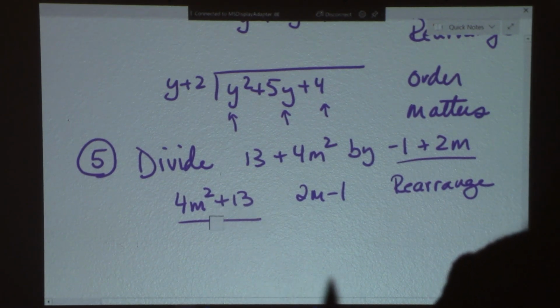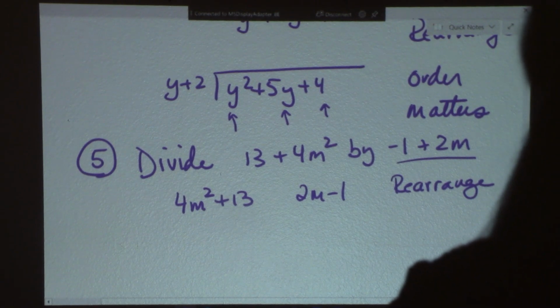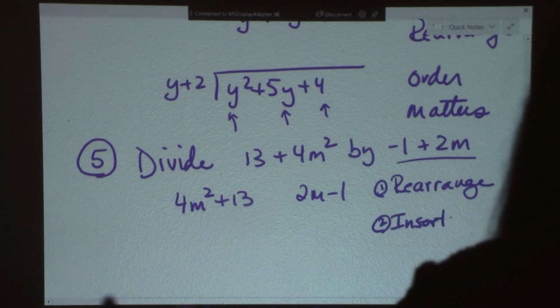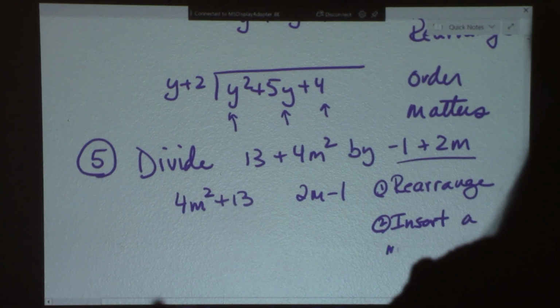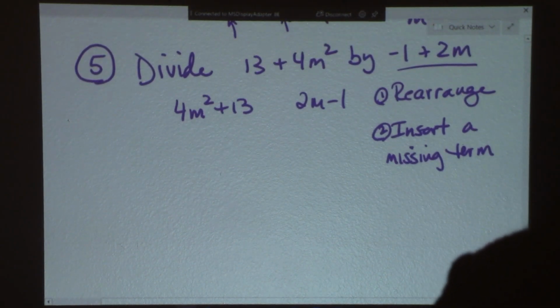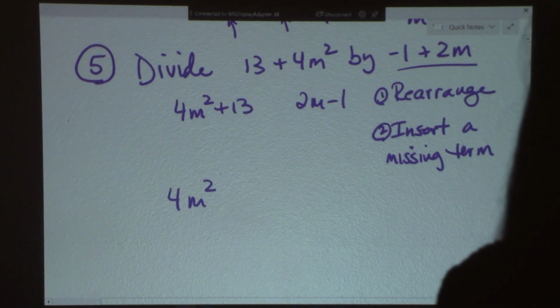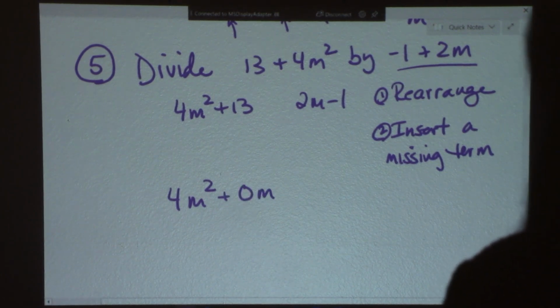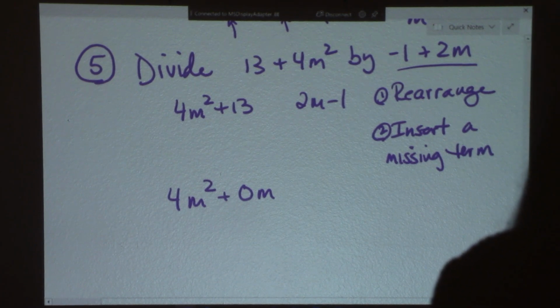So what we do in that case is we insert a missing term. And here's how you do that. We're going to write 4m squared. Do I actually have an m term? No. But I can put in something that's 0. That becomes a placeholder, okay?